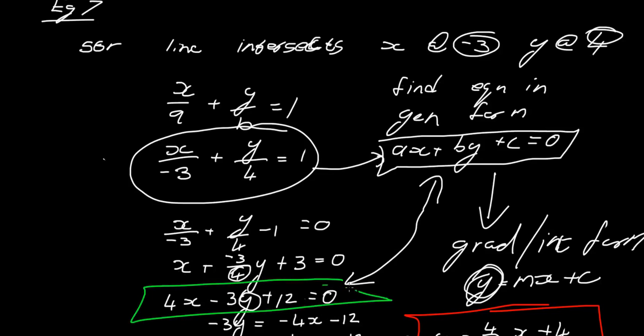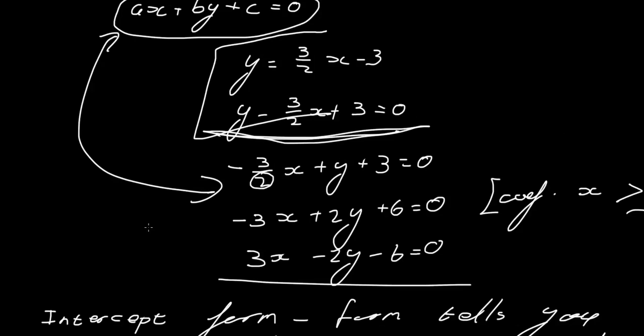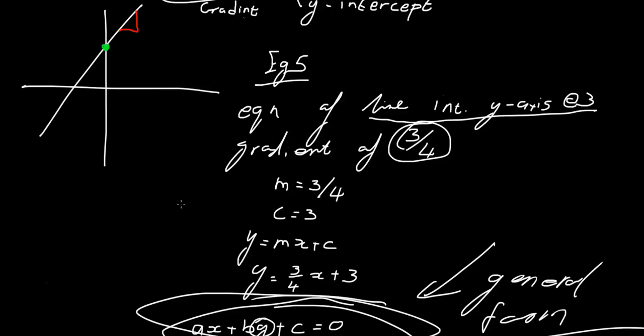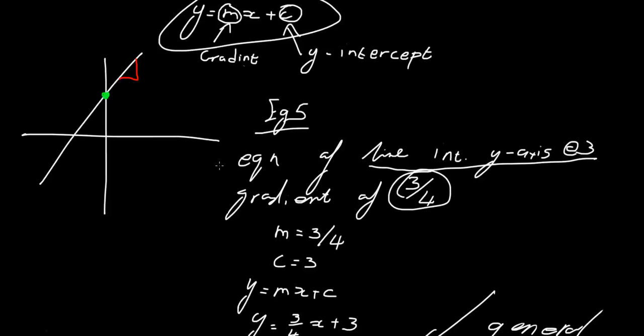So you've written it in gradient form, as well as the general form, as well as the intercept form. I just want to show you something for interest's sake, actually no, we'll get there later. I don't want to jump to that yet. But these are the three forms of the equation. What you should be picking up is, from the information that's given, know which form to write your equation in, because given certain information, it's easier to write the equation in a certain form.